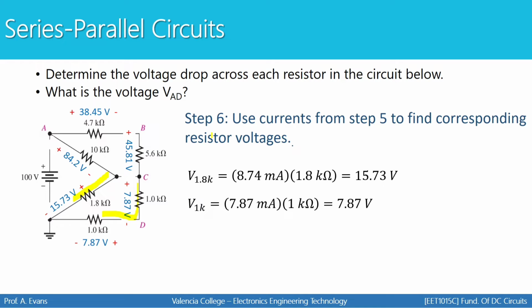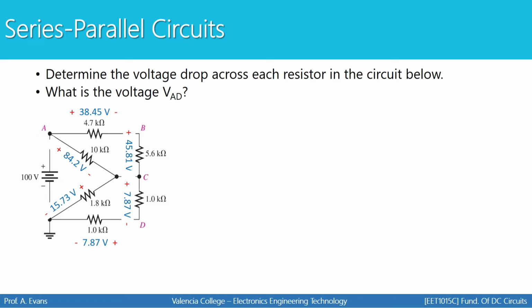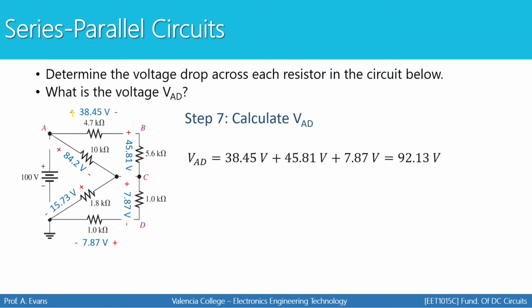Lastly, we need to find the voltage from point A to point D. So from here to here, we're going to find the voltage. In order to do that, we're simply going to sum each voltage that we encounter using the polarities we've labeled to figure out the voltage from point A to point D. Here's what that'll look like.